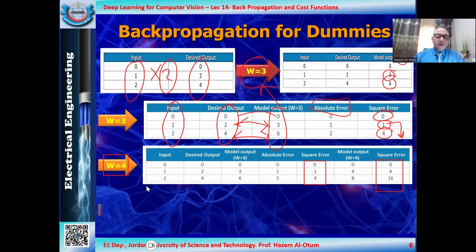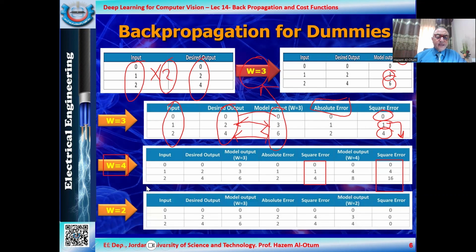So we go down. We already have 3, so let's try a value of 2. Again, we can calculate the error. Here we get the absolute error for case 3, here the square error for case 3, and we now find it for W equals 2, so we multiply by a value of 2.